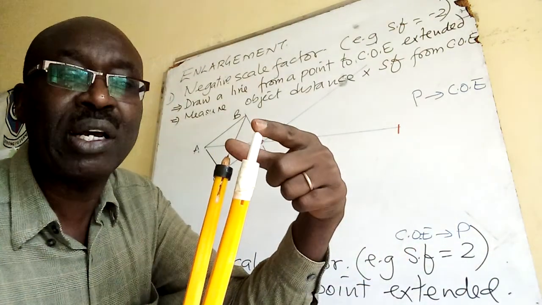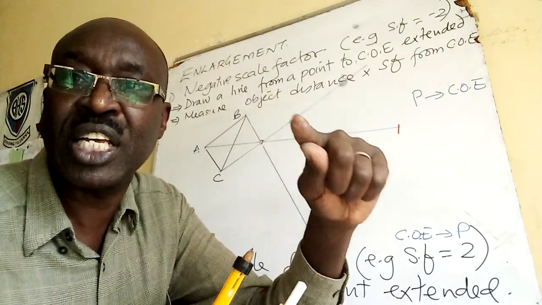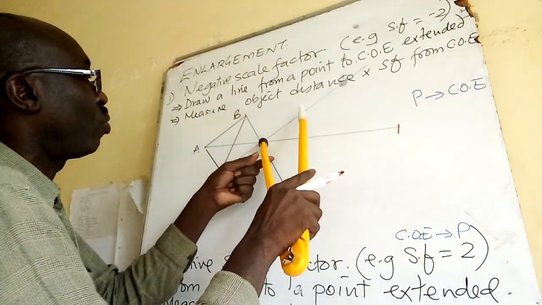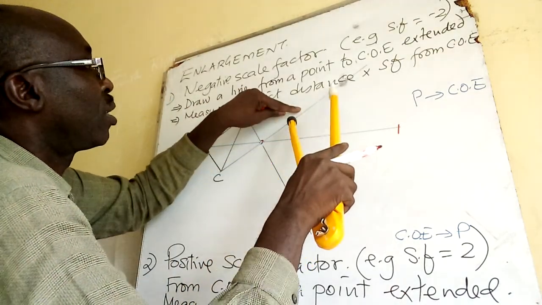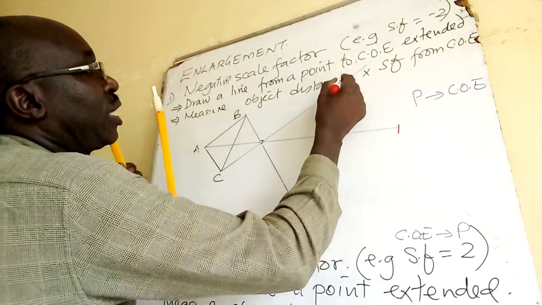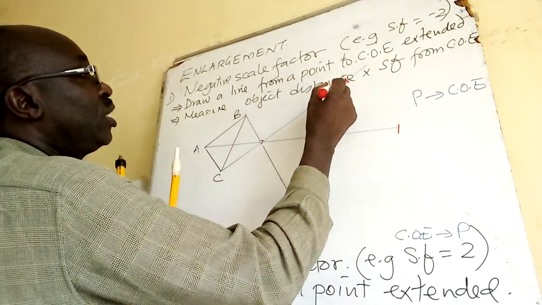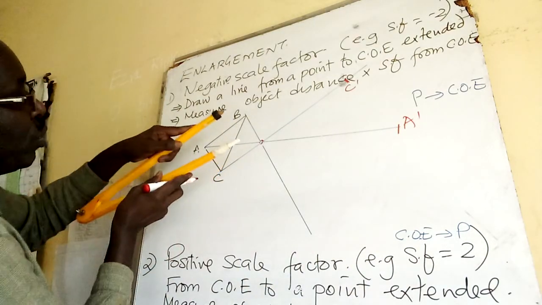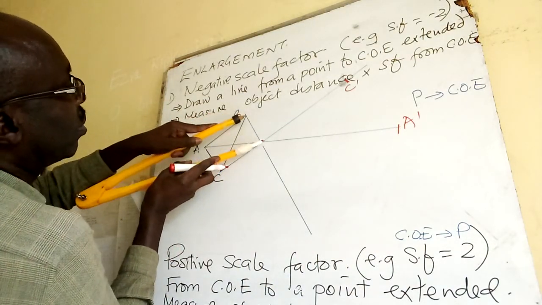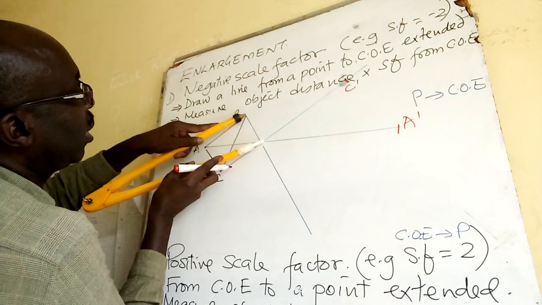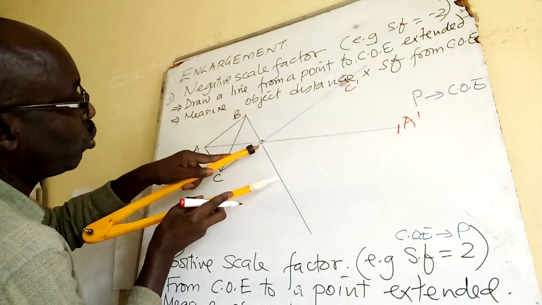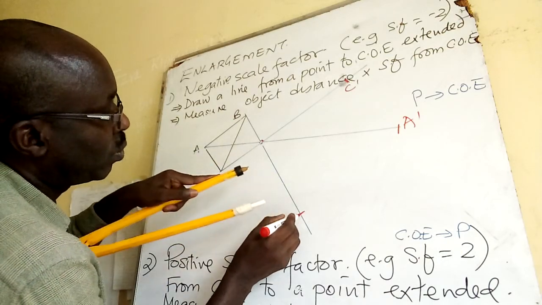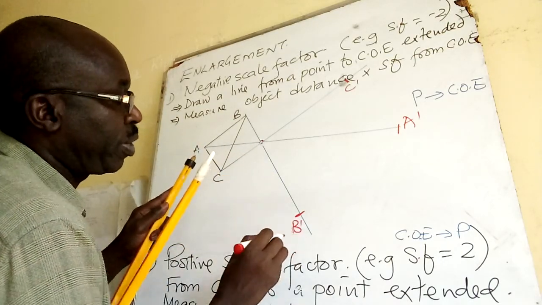But all measurements of these start from center of enlargement, which is in red. So I'll have to do it twice. 1, 2. So this is our C prime, this is our A prime, and now we finish with B here. There. That is our distance. We do it twice. 1, 2. This is our B prime.